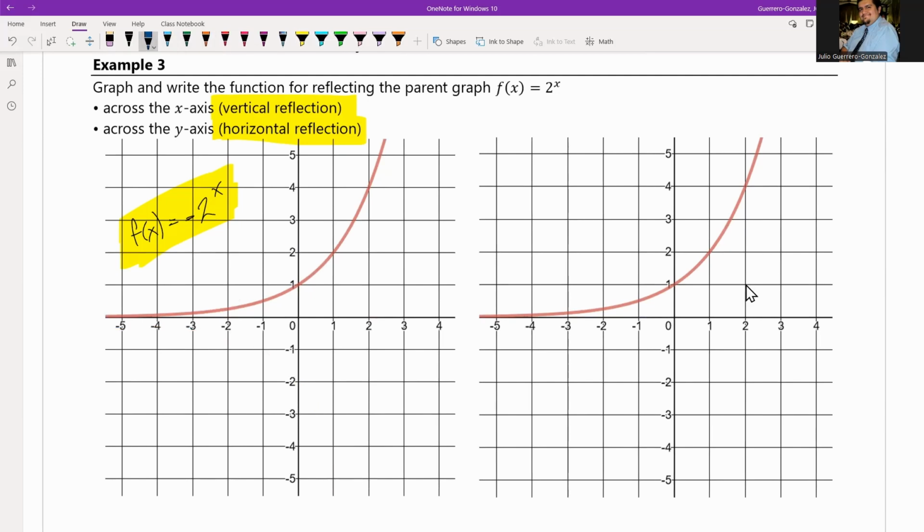So I'm going to grab this point, this point, this point. And hopefully you guys see the points that I'm doing. Instead of going up, they're going down. The x value is going to remain the same. It's just going to go down instead. So this point is going to live right there. This is going to live right there. It's easier said than done, really. Hopefully you guys see what I'm talking about. Bam. Halfway. 1. This one goes down to here. This one goes down to -4. Hopefully you guys see the shape. It's doing something like this right here.